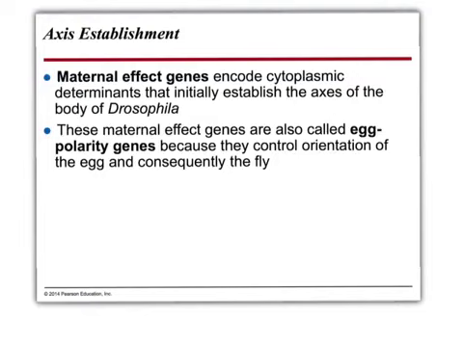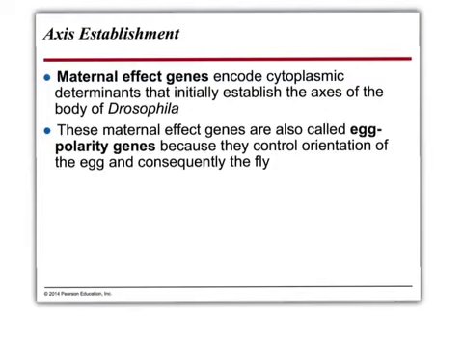Okay? So the genes, they're looking at all these different mutants, and some of the mutants are important for pattern formation, okay, axis determination, and they are maternal effect genes, meaning they come from mom. They originate from mom during the formation of the egg. All right? And then you can further break these maternal effect genes down.